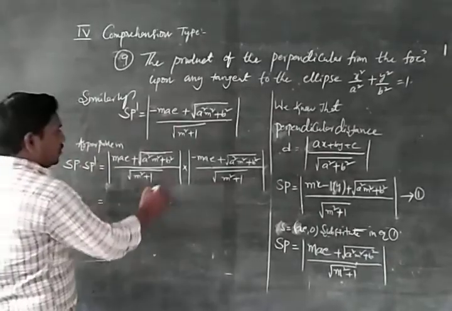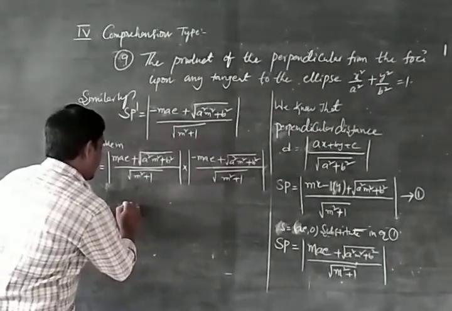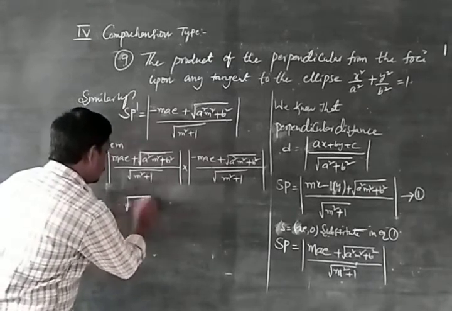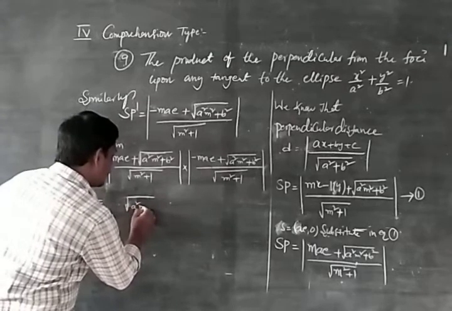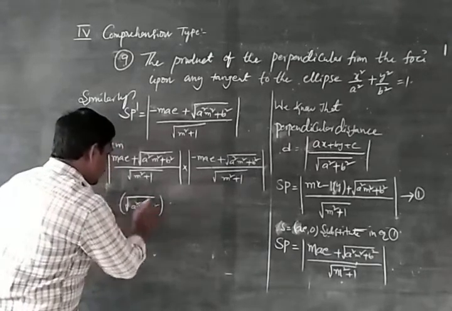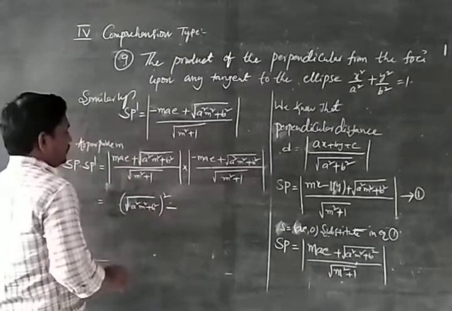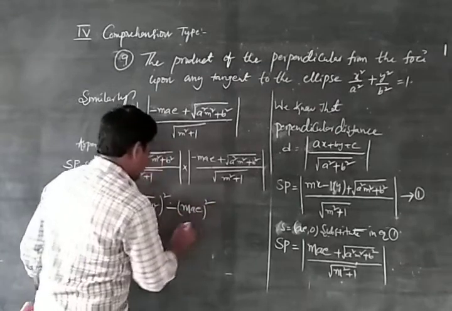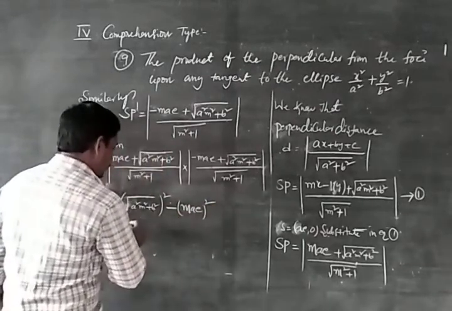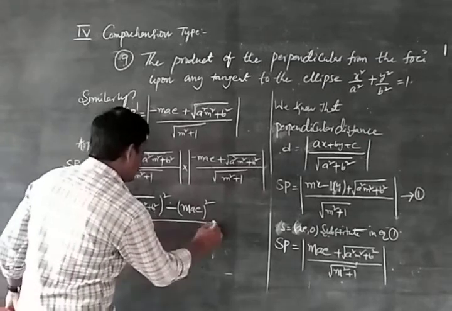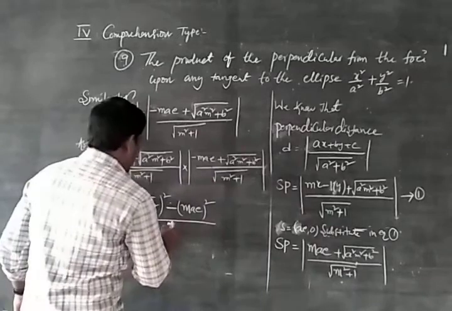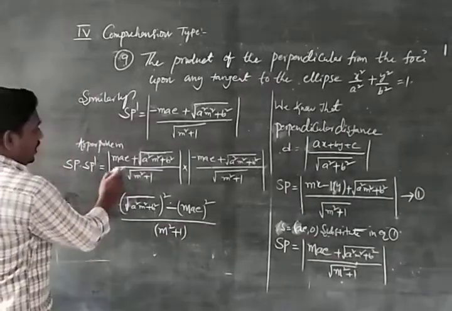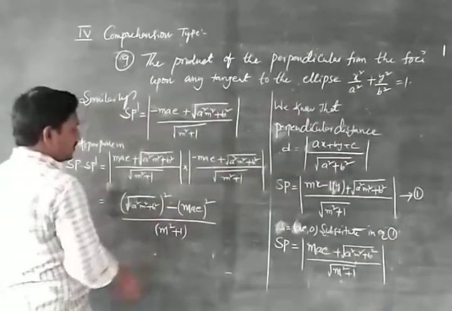So we get root of a square m square plus b square, whole square, minus mae whole square, by m square plus 1.